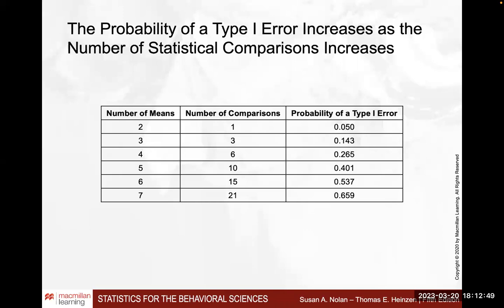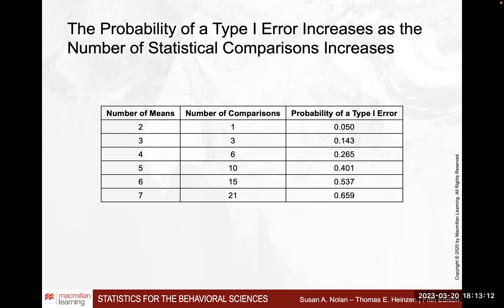So the problem is that this error will increase as well. It increases essentially exponentially with the number of groups. With 3 groups, you're up at 14%. With 4 groups, you're up at 27%.